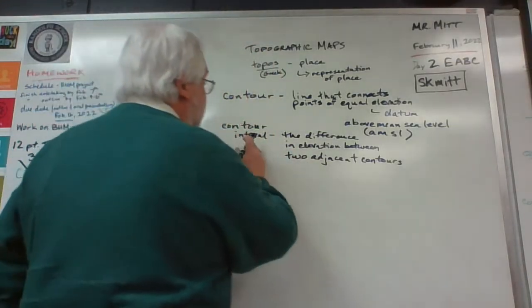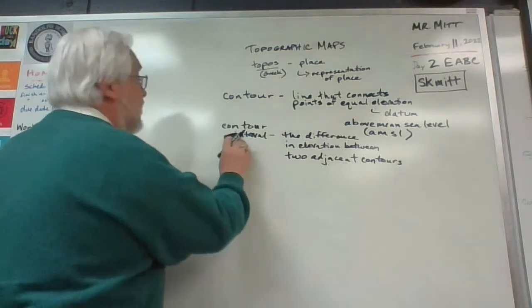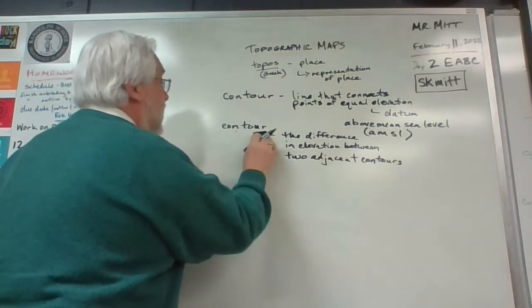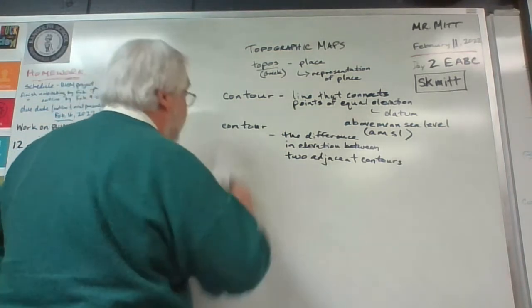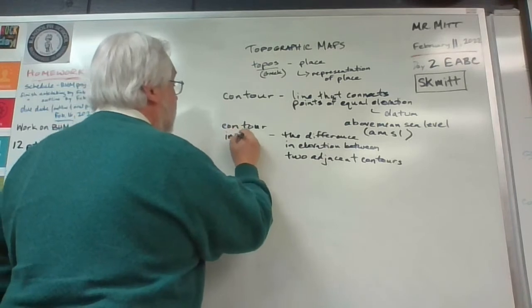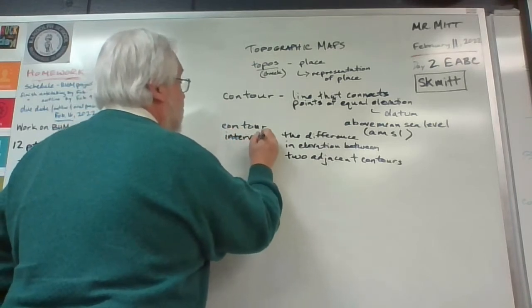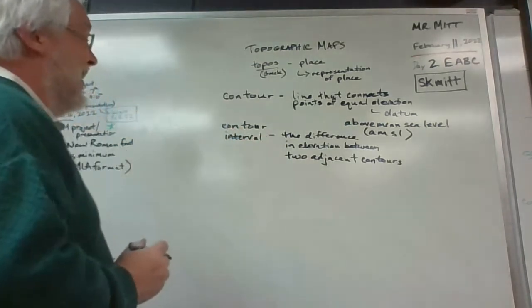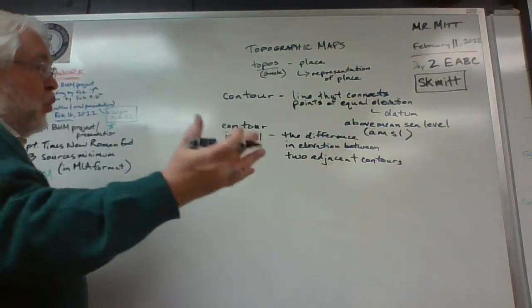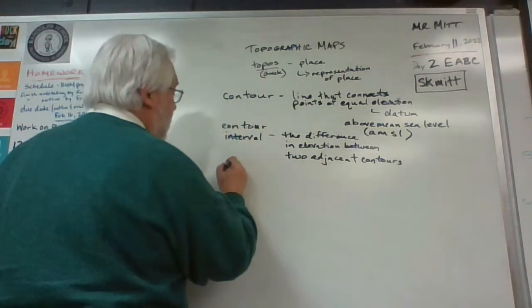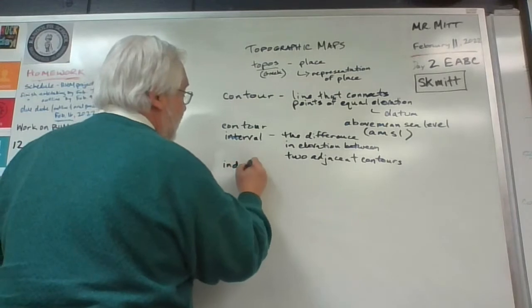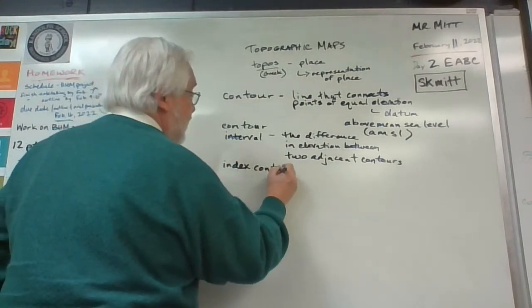So a contour interval, write this a little more clearly, is the difference in elevation between 2 adjacent contours. We also, you'll recall, have what are called index contours.